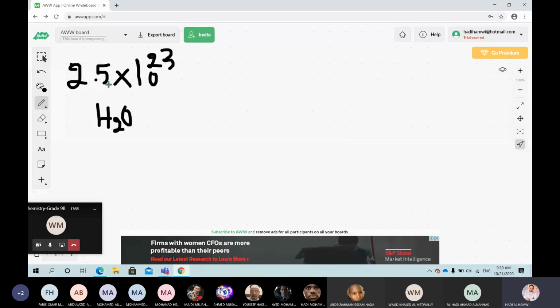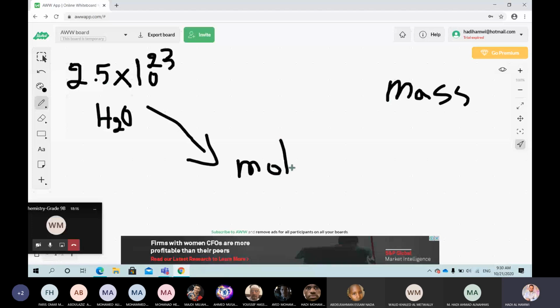So I have 2.5 times 10 power 23 molecules of water. They need the mass. So I cannot convert directly from representative particles to mass. Again, I should convert to moles first, then from moles to mass. In the first step here I will not multiply by Avogadro's number.